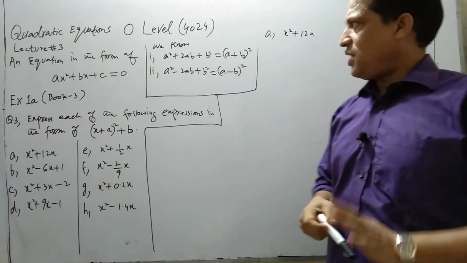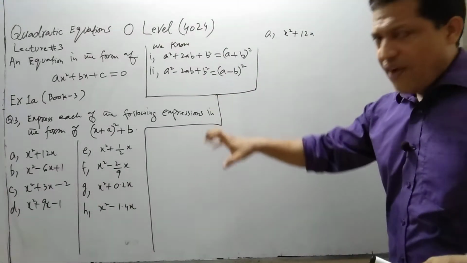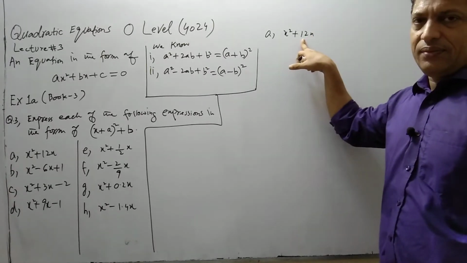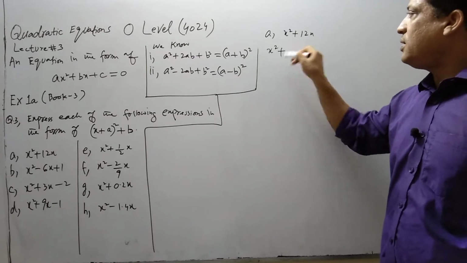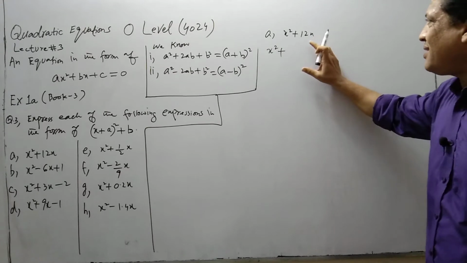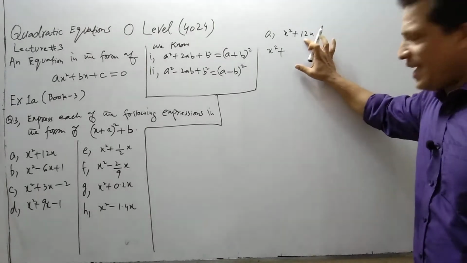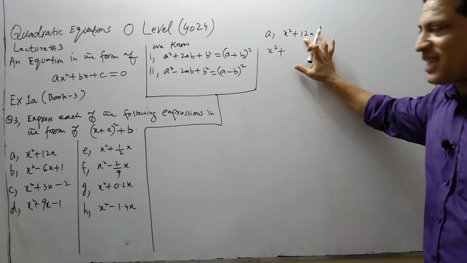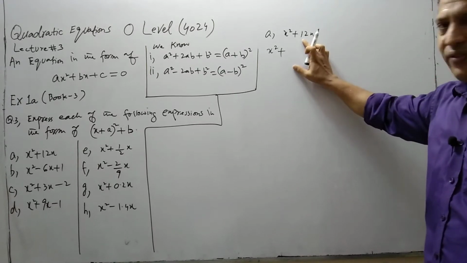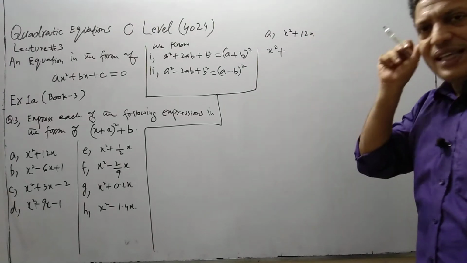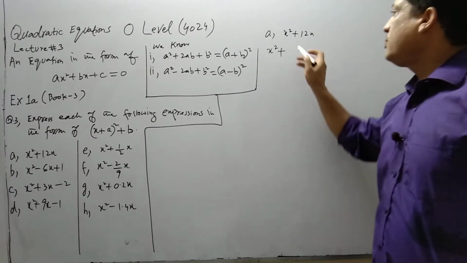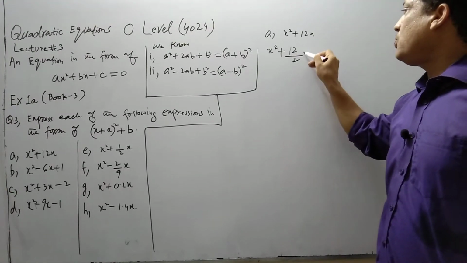How? It's very easy. In each and every part you have to focus on the coefficient of x. This x square remains x square. We have to focus on what is written with x, called the coefficient of x. In this case the coefficient of x is 12. So we always divide the coefficient of x by 2: 12 upon 2 x.